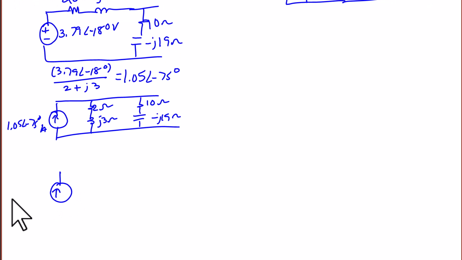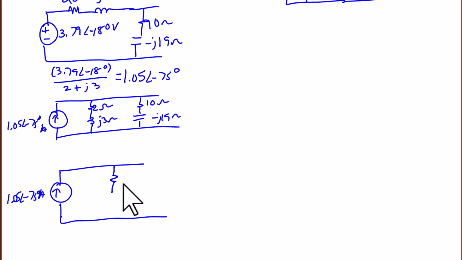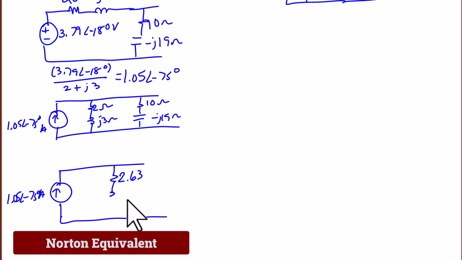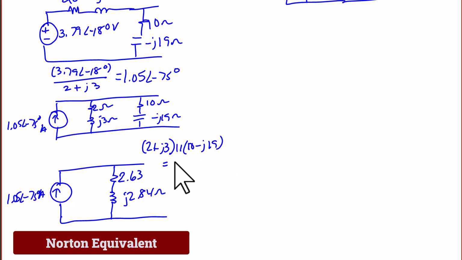Our next step will be to combine the impedances, so the current value is still the same, and the impedance is going to be found with 2 plus J3 in parallel with 10 minus J19, which yields 2.63 plus J2.84 ohms. And that is also the Norton equivalent circuit.